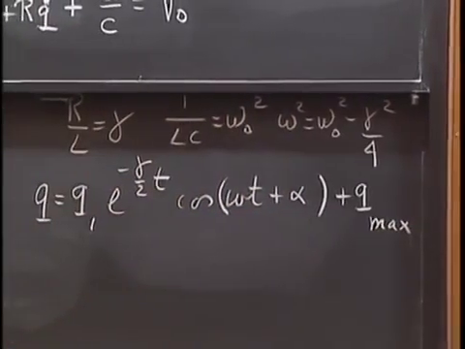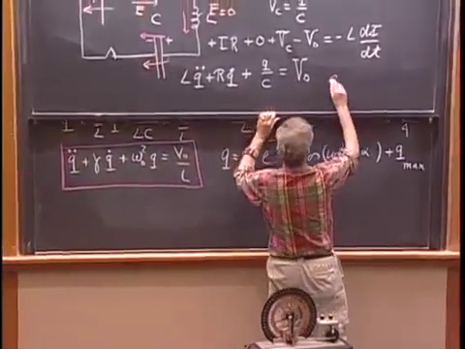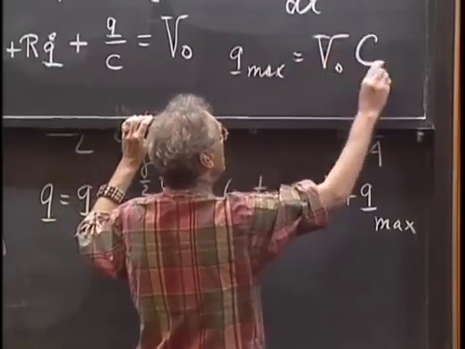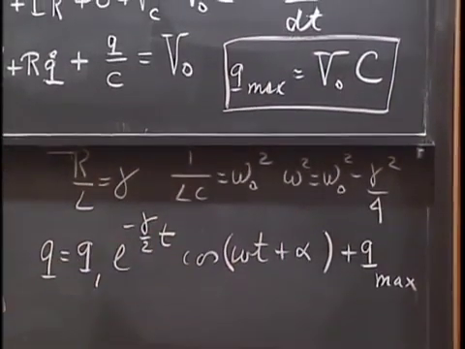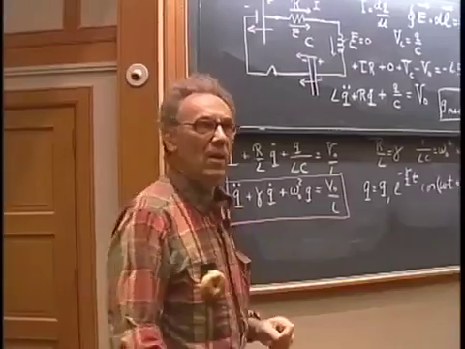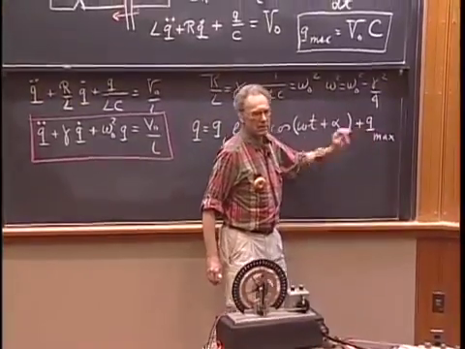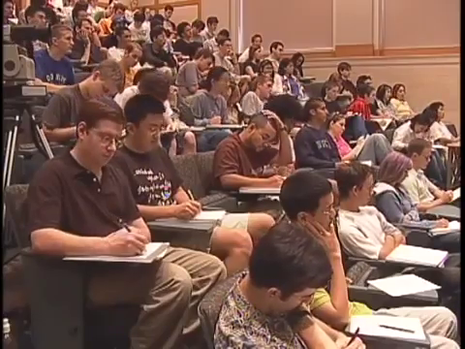That must take into account that it is not zero. And this Qmax is simply V0 times C, which means the capacitor is fully charged. So do it your 18.03 way, or do it with brains, and then you will immediately agree to this solution to the differential equation.